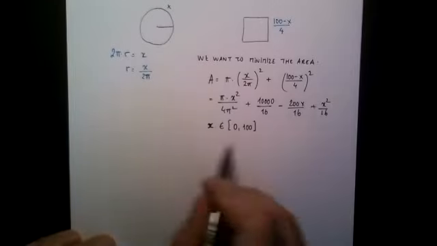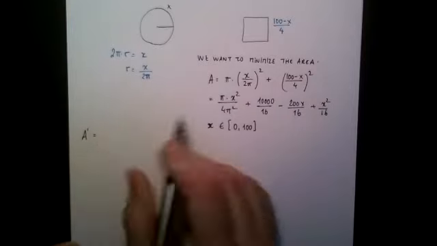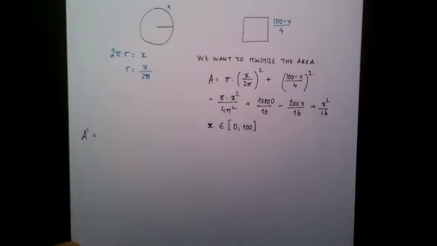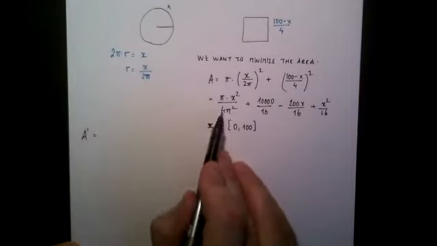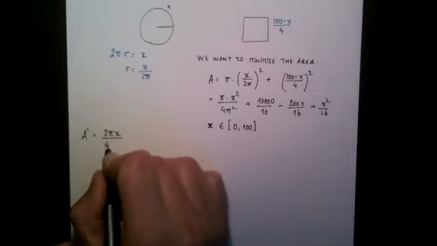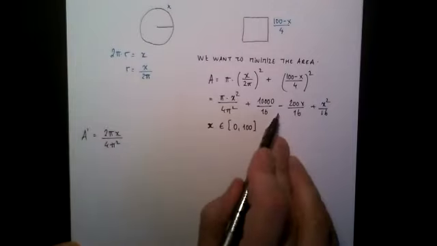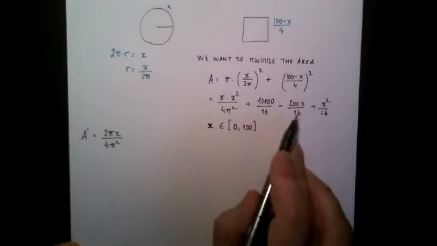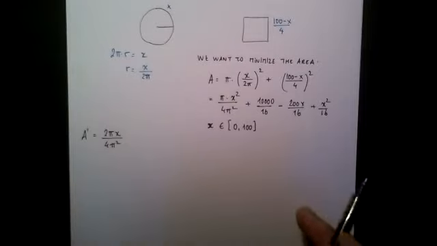So let's find the derivative. A prime equals, so I have to differentiate this here. So it's 2 pi x over 4 pi squared. This will disappear. Here I could simplify this if I divide by 8.